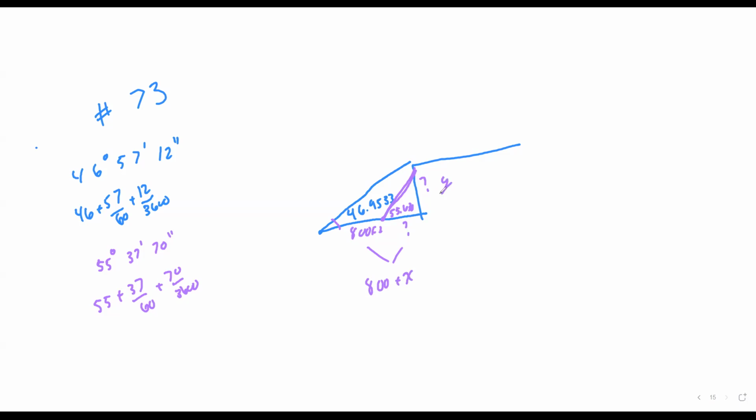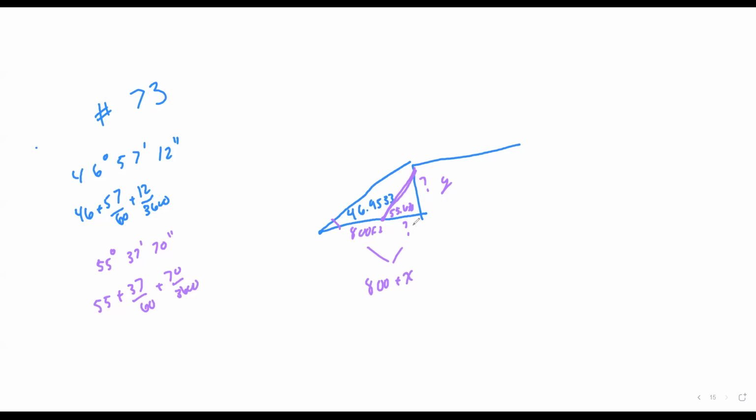We'll call this value y since it's a different value. So 800 feet plus some distance.